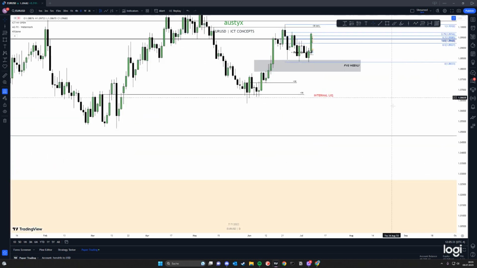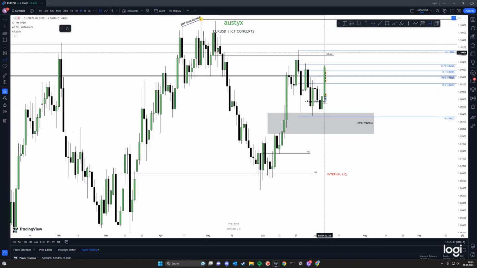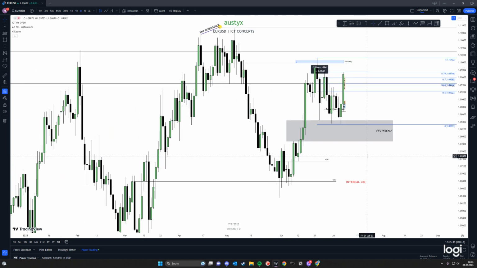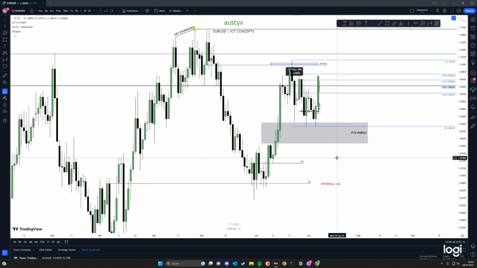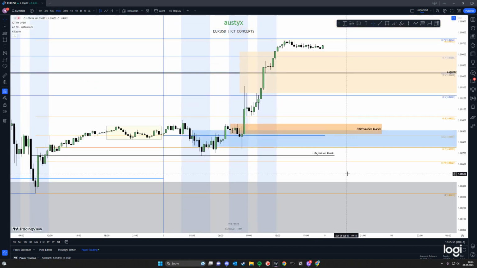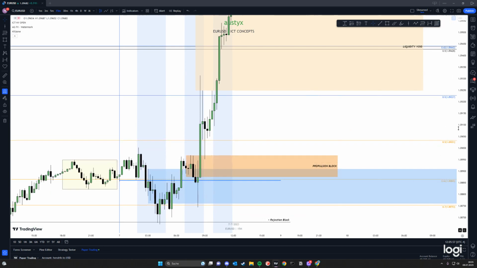Also, let me check one last thing. So the last 20, yeah. The propulsion block, no, I don't think it was here, but somewhere a propulsion block was of importance, right? Here, lower time frame. This propulsion block is of importance.